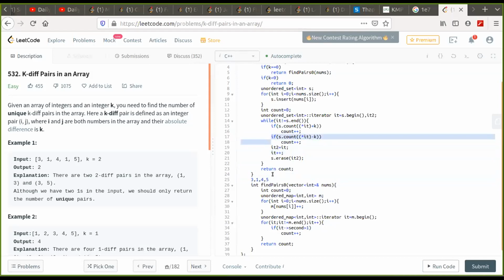I think what Roger is saying is that I could use just one case and then I need not erase the element again. What I was doing is checking all the possible cases for the element I was iterating over. For example, when you are on 3, what his approach says is that I'll be checking only for the element which comes after it, like 3 plus k. If I check 3 plus k, it checks for 5 only, so it will increase the counter to 1.